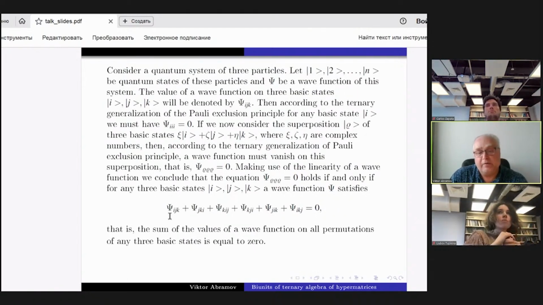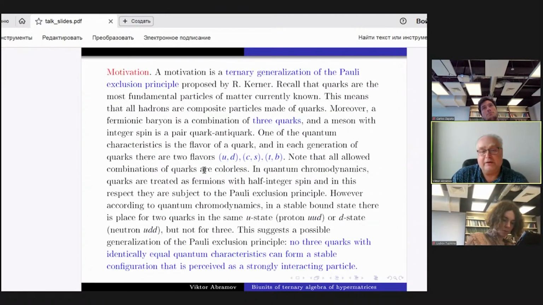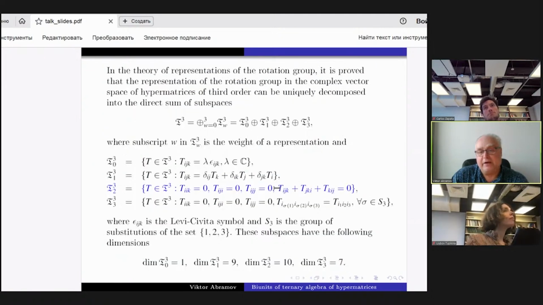We can assume that the sum of cyclic permutations, this part of the left-hand side of this equality, equals 0. Then, of course, this will also be 0. And now you can see where the motivation comes from. So now I will show the representation theory. Here we have a hypermatrix which satisfies this condition.